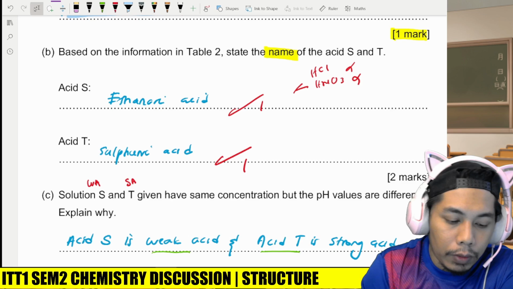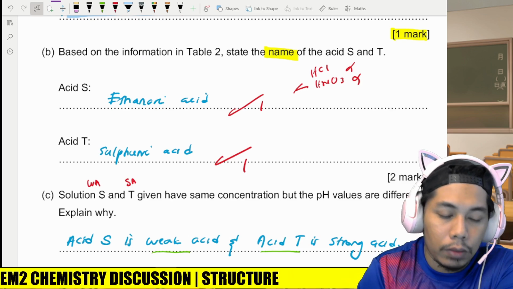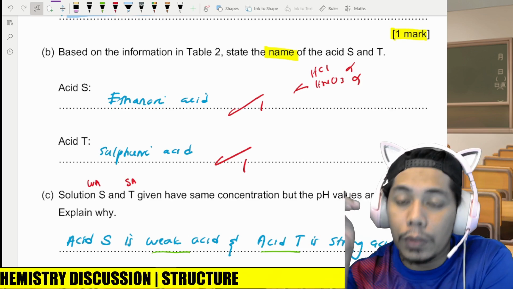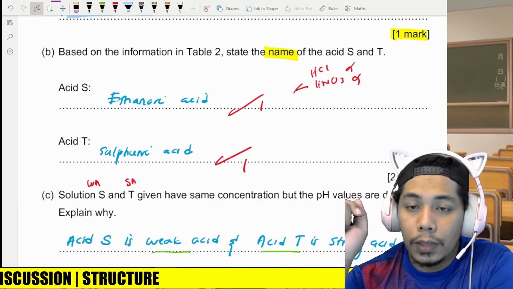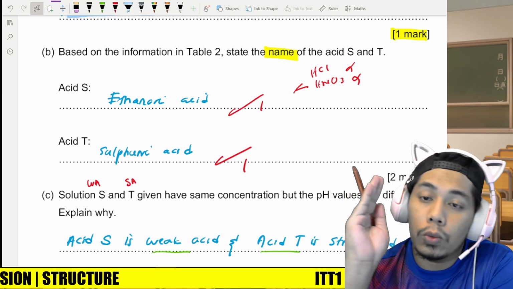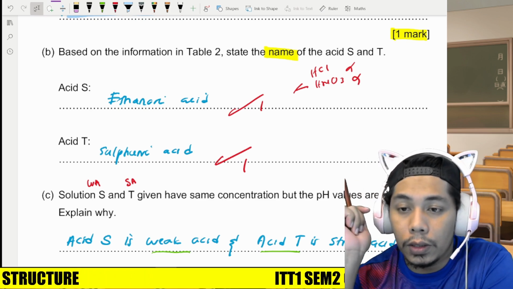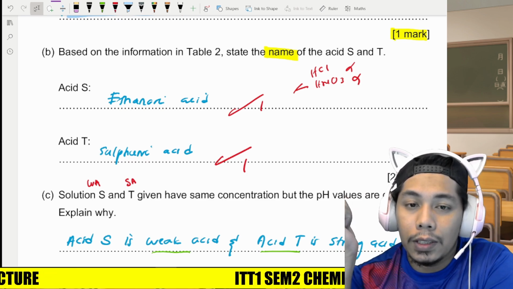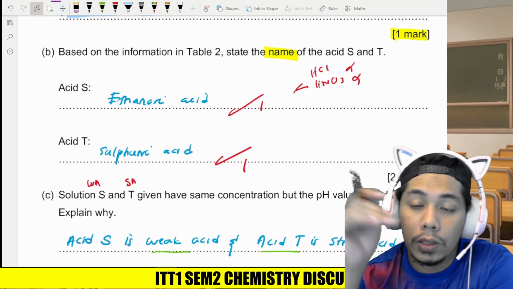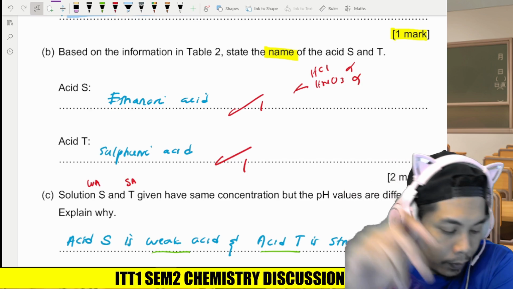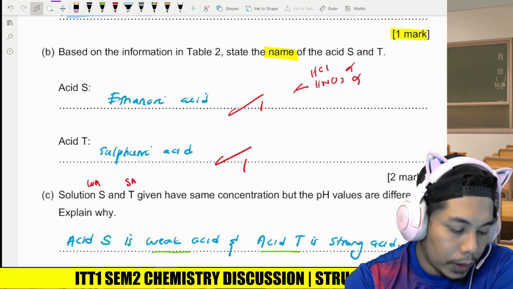Okay, ramai pelajar jawab HCl, HNO3. Sebab apa? Sebab kamu tak ingat siapa dia strong acid, siapa dia weak acid. Kamu kena hafal yang mana satu strong acid, yang mana satu weak acid. Okay, so strong acid is T, sulfuric acid. Sebab sulfuric acid tadi diprotic. Okay. And then dapatlah 2 markah kat situ.